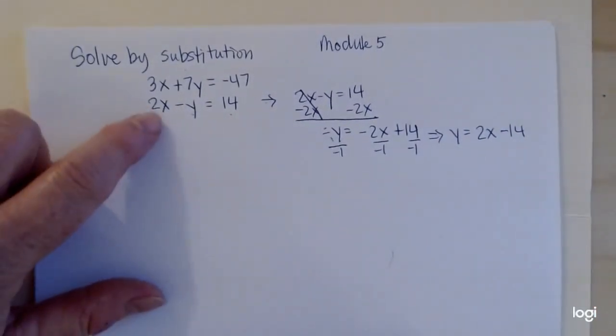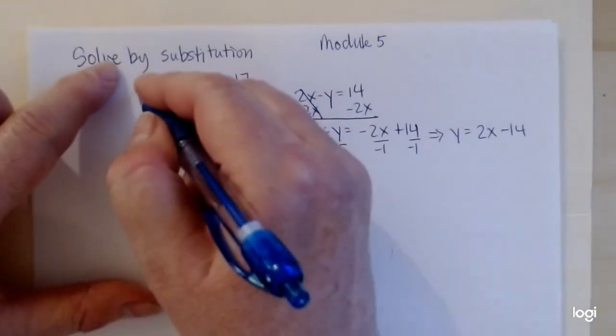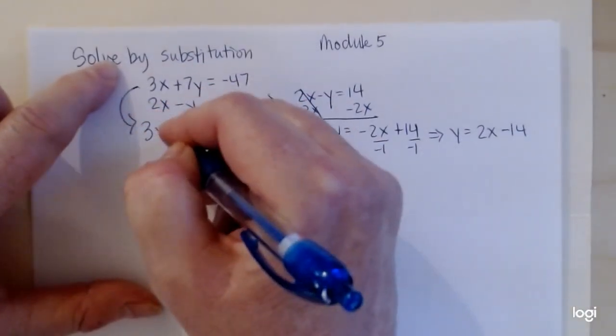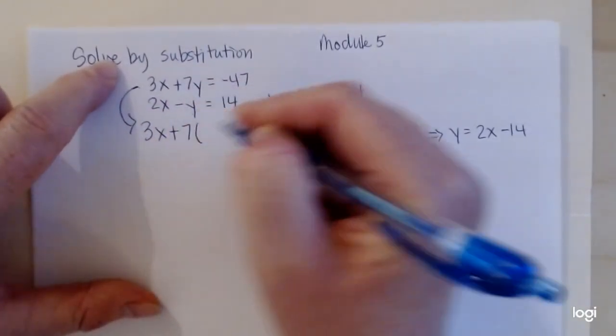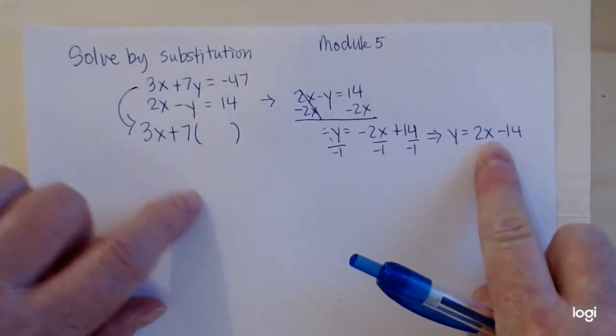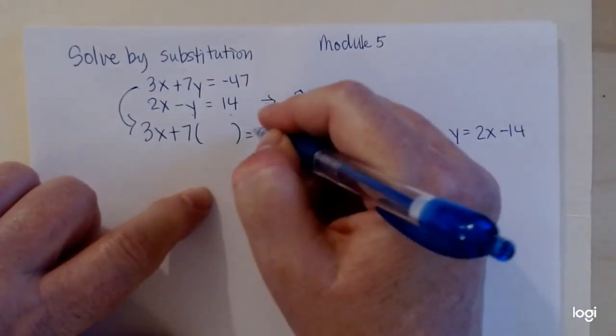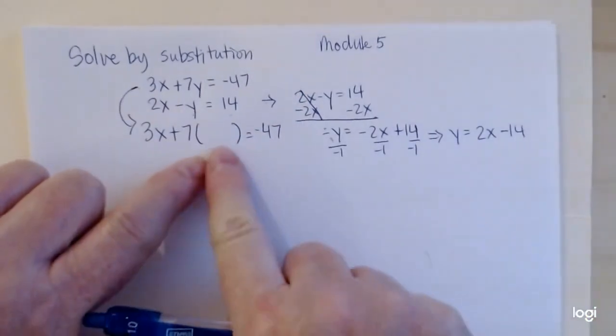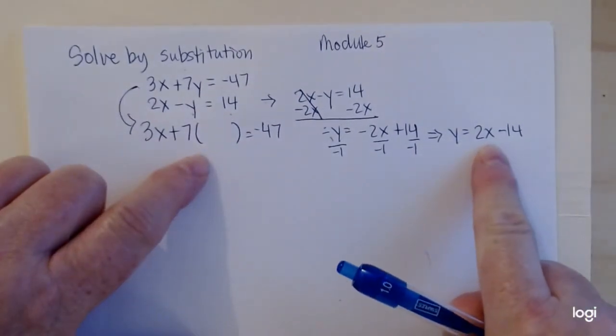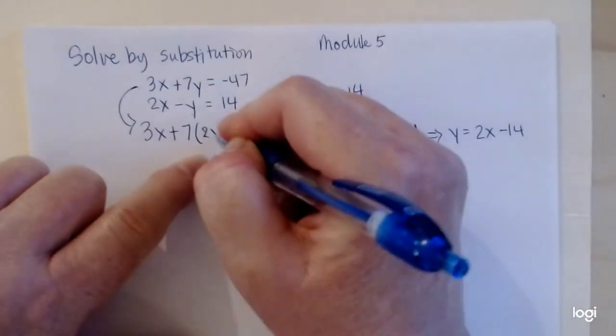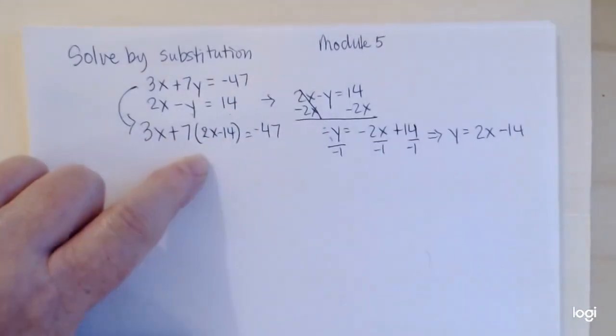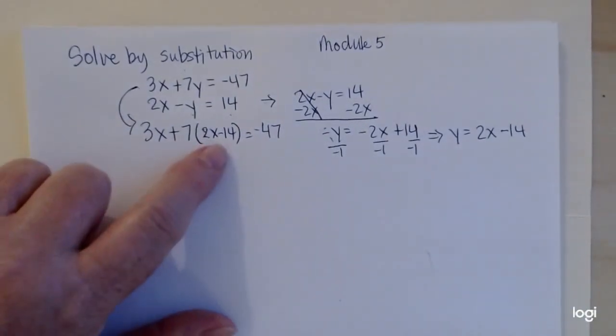So I used this equation, so now I'm going to use this equation, 3x plus 7 times y, but I have a new expression for y, equals -47. And the expression I'm going to put here is 2x minus 14. And then I have an equation that only has x in it.